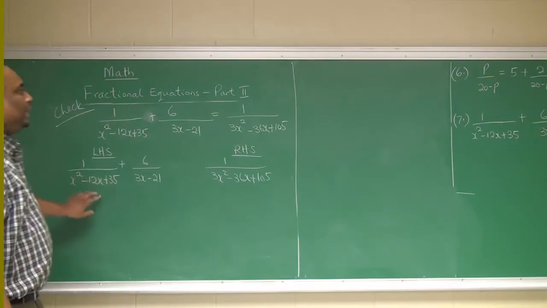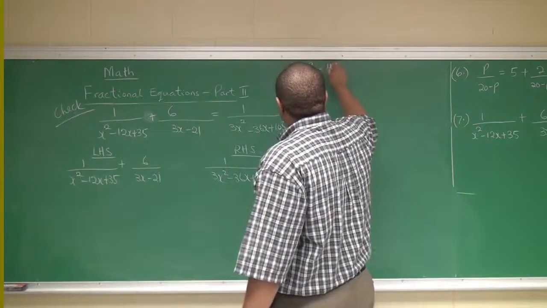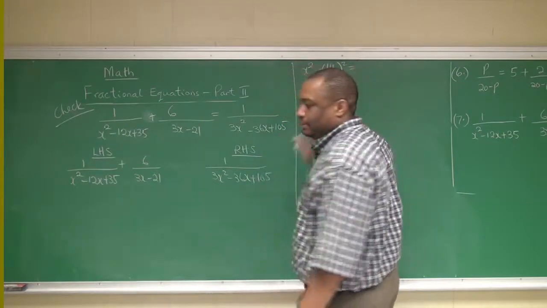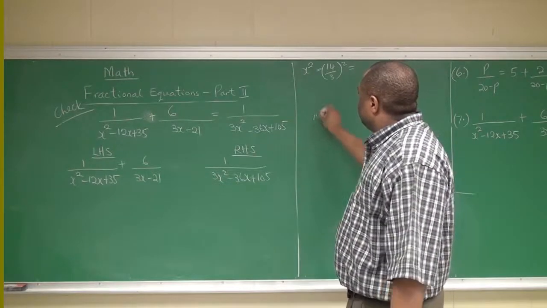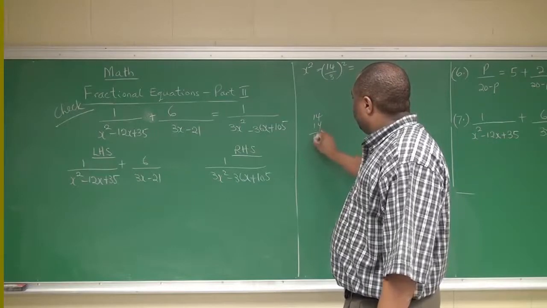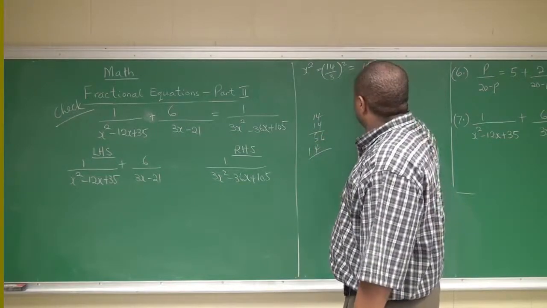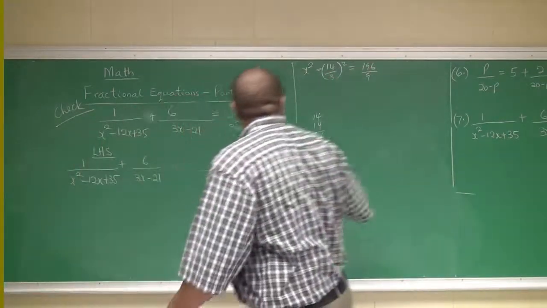So let's start with x squared. x squared will be 14 over 3 all squared, which is 14 times 14, that's 196 over 9.